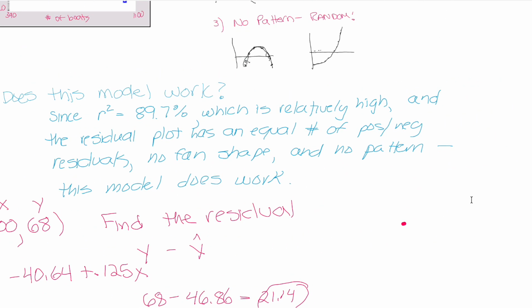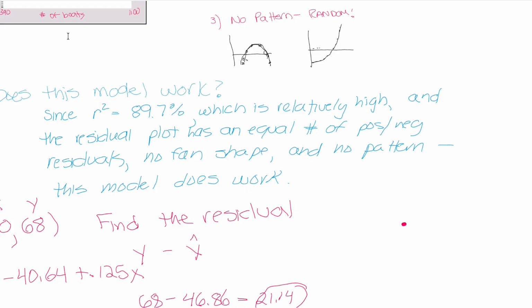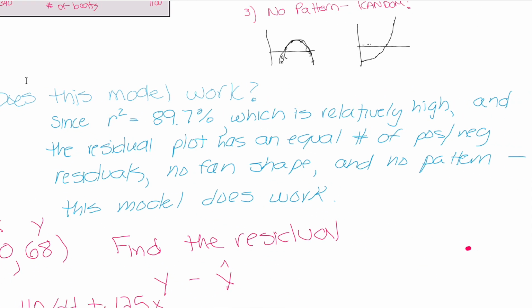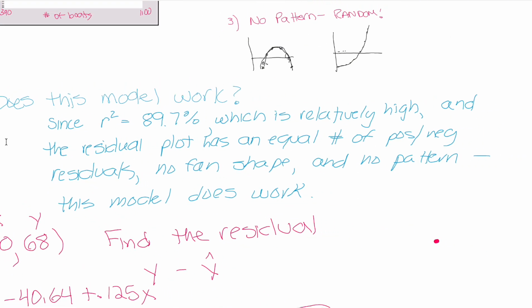So here is a paragraph I want you to think about. In a lot of cases the free response will ask you to explain your model, like how can you tell that the residual plot is appropriate. Most of the time they will ask you, does this model work?